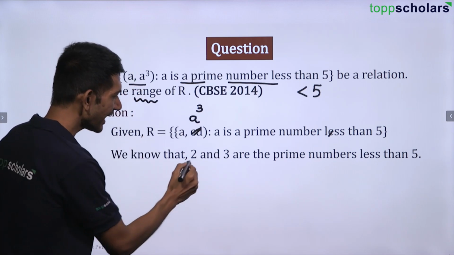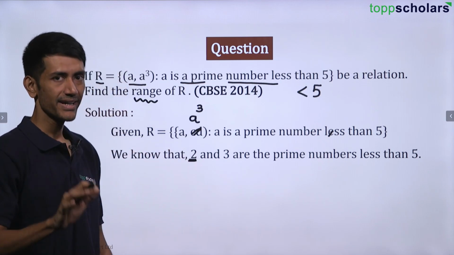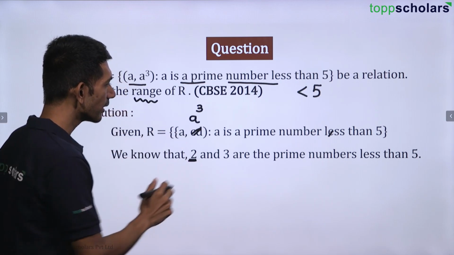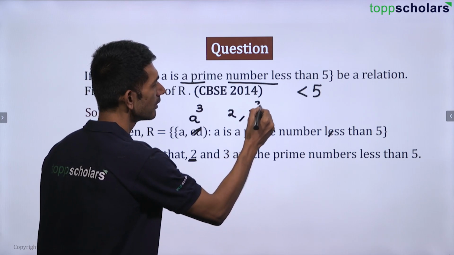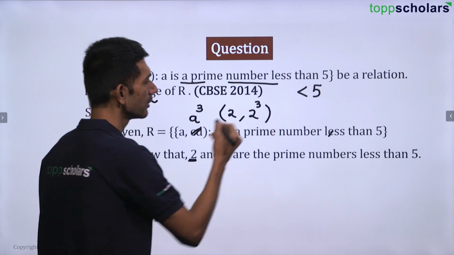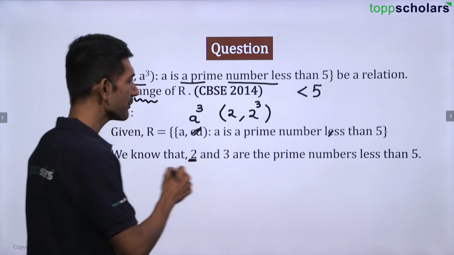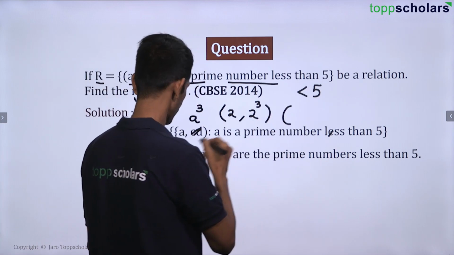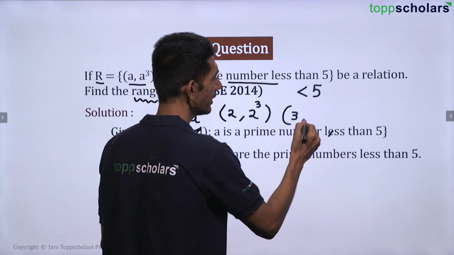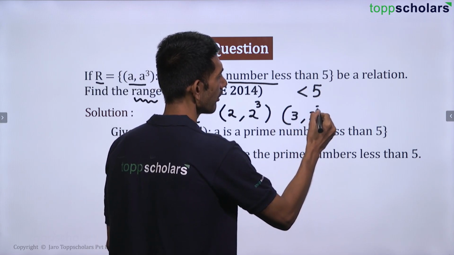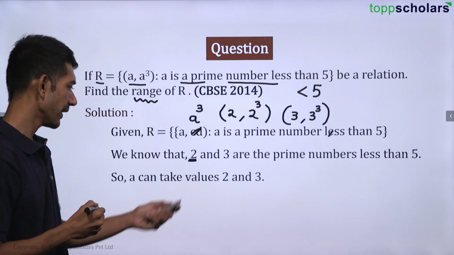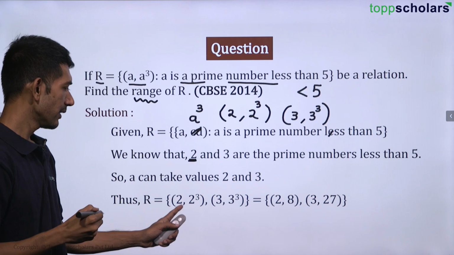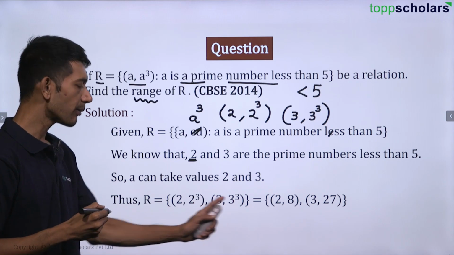So, if I take A as 2, this will become 2 comma 2 cube. That is my first ordered pair, and my second ordered pair will become 3 comma 3 cube. So here we go. We can take the values 2 and 3. Then we will have 2 comma 2 cube, 3 comma 3 cube.